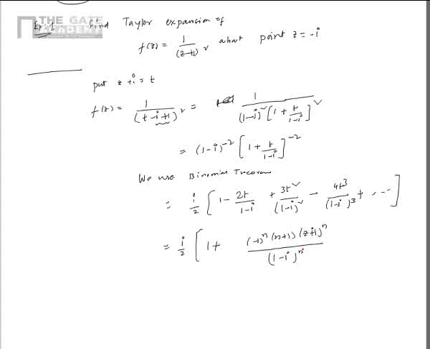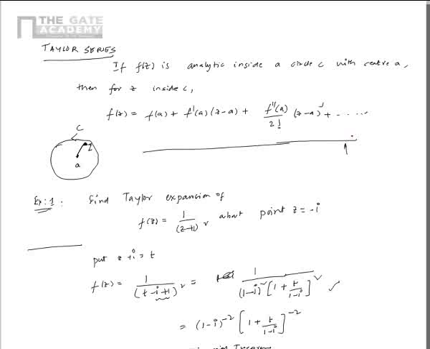So this is the general term, and the summation is from n equal to 1 to infinity. This is how I can expand f of z, which is 1 by (z plus 1) whole square, about z is equal to minus i. The only idea is you have to bring it into this form so that you can expand by the binomial theorem, or you can straight away use this also.